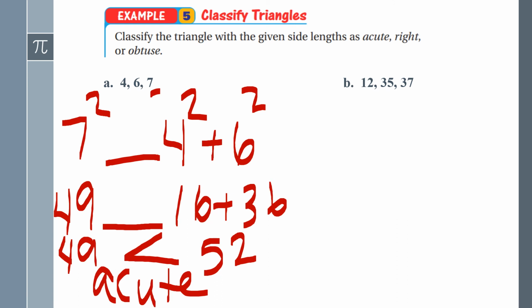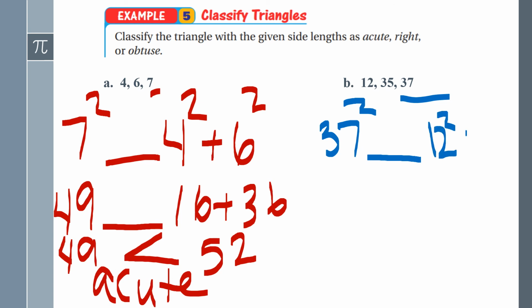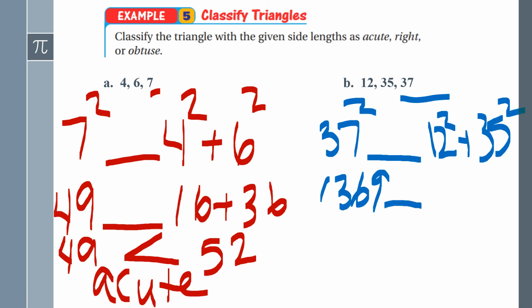And then this last one, same thing. The longest side is 37. So we're going to take 37 and square it. We want to compare that to 12 squared plus 35 squared. 37 squared is 1,369. 12 squared is 144.